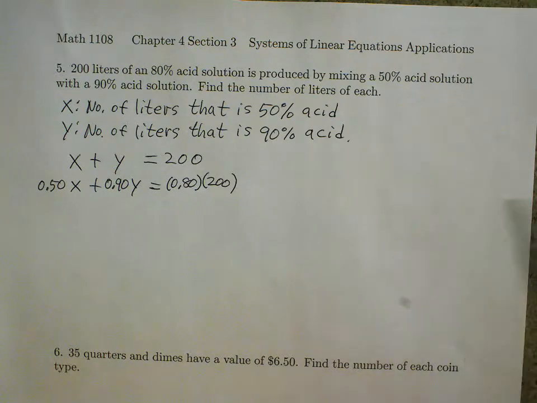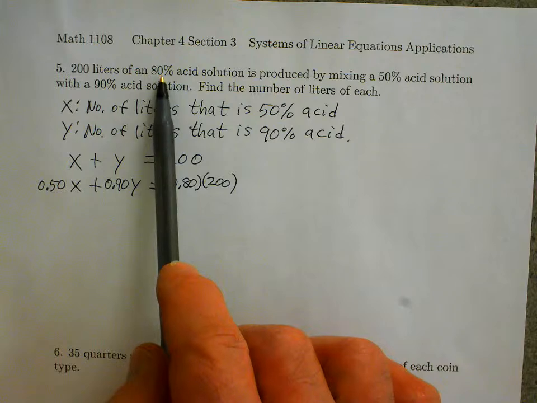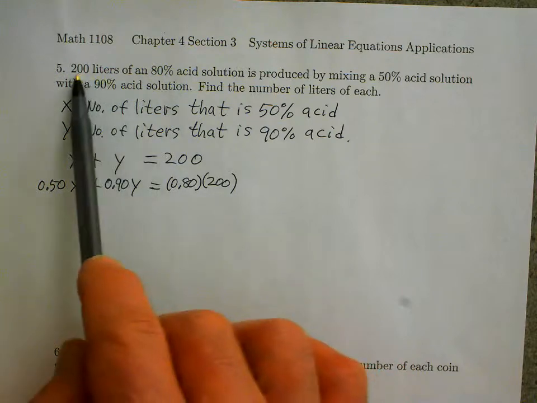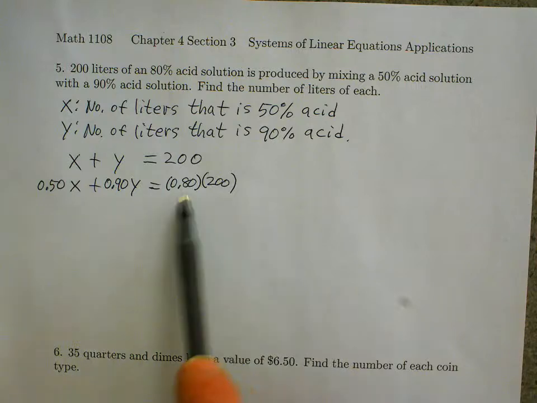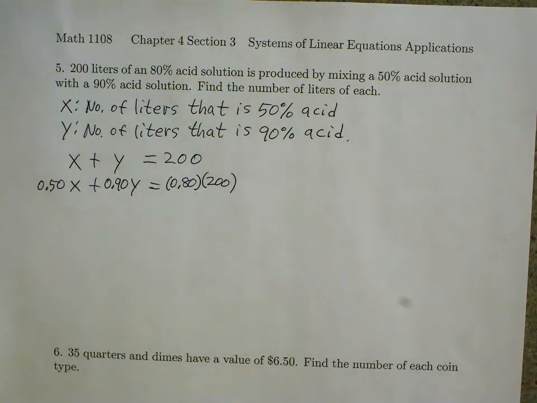But we weren't told explicitly how many liters of acid are in the 200 liters. So that's why we have to use the percentage of acid and the total number of liters, and multiply the decimal form of the percent times the total number. See what I mean?